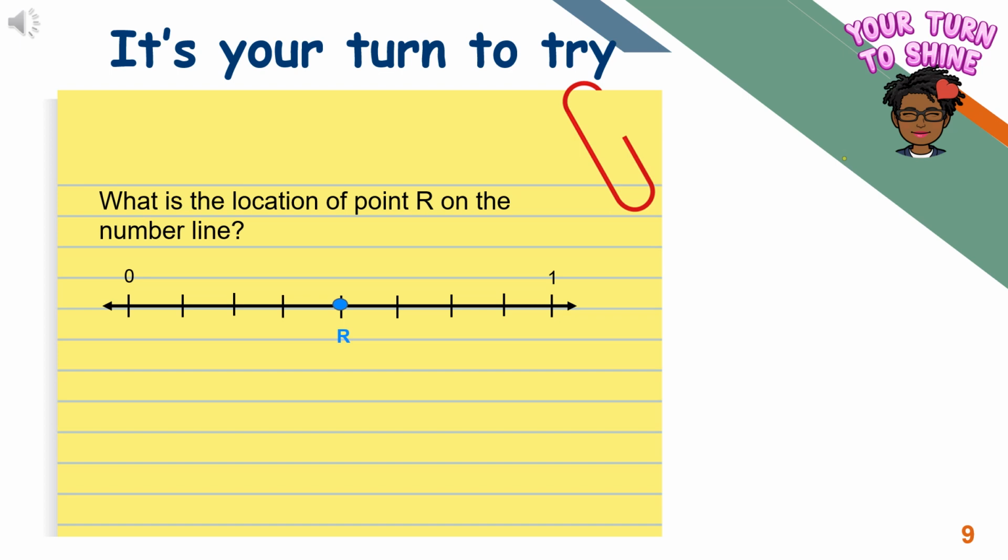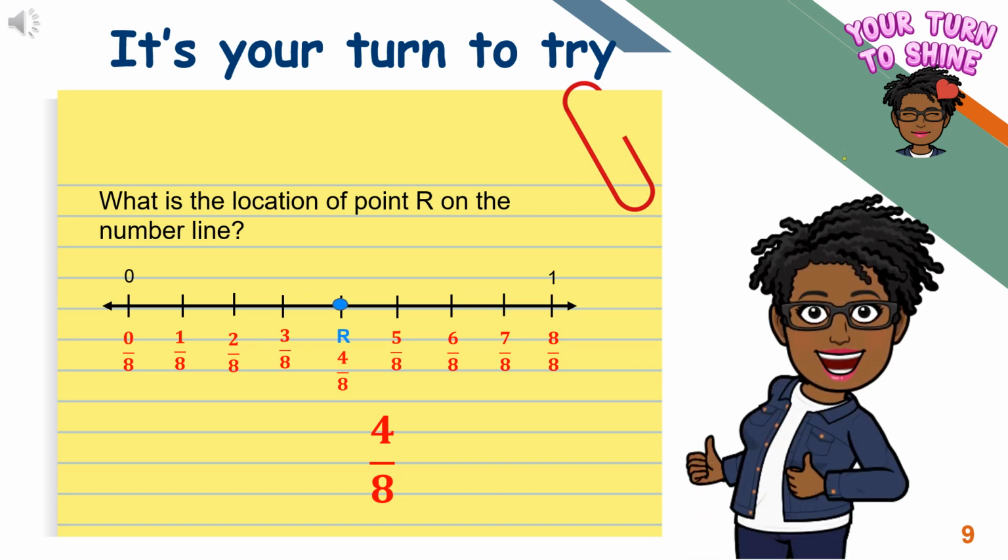You'll start with the first line, numbering it 0/8, 1/8, 2/8, 3/8, 4/8, and you'll continue on just to make sure that your strategy is correct. 5/8, 6/8, 7/8, and 8/8 is also equal to 1 whole. Notice that point R is labeled 4/8, so the correct answer is 4/8. Good job.